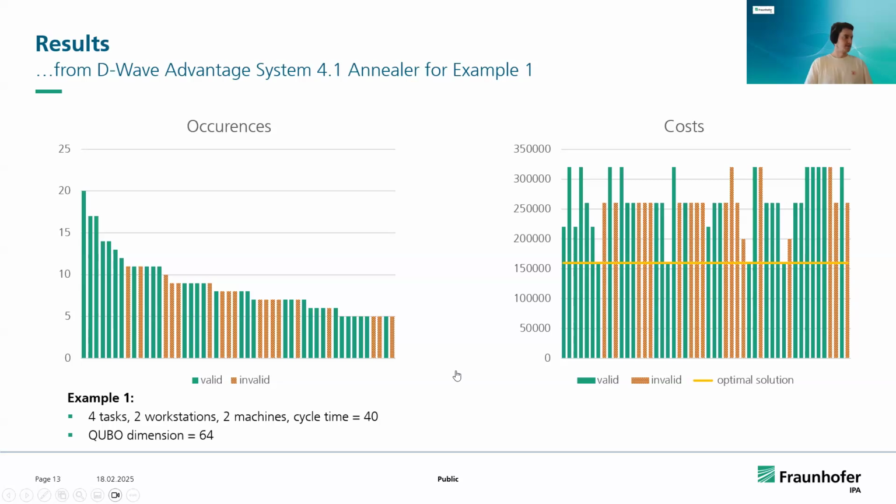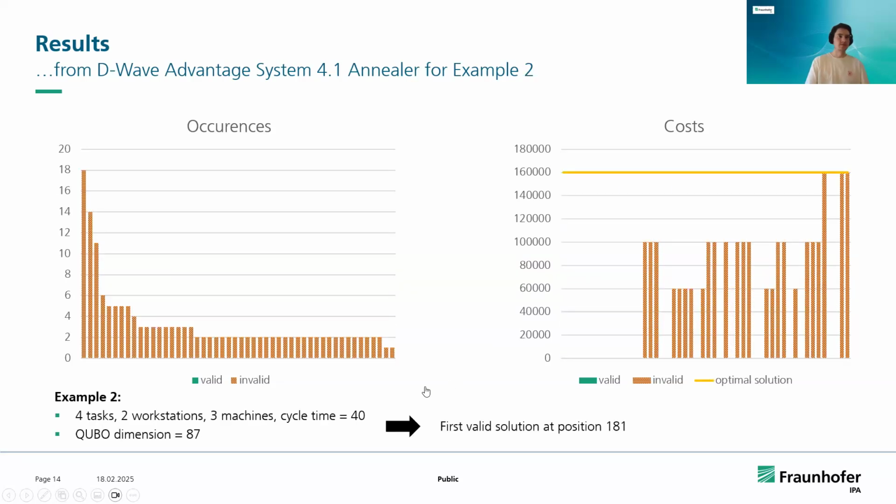Let's look at the results for the second example, and here we can already see that it doesn't work so well anymore. Our suspicion is that it's just according to cuboid dimension, and that the loss landscape is too complex for maybe the QBSolve algorithm to solve it, or just the nature of the loss landscape is too hard to optimize.